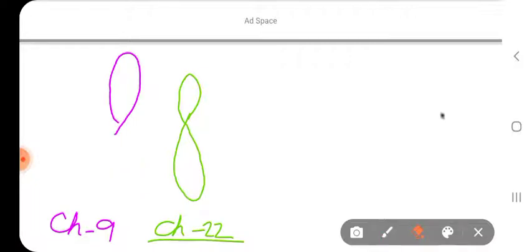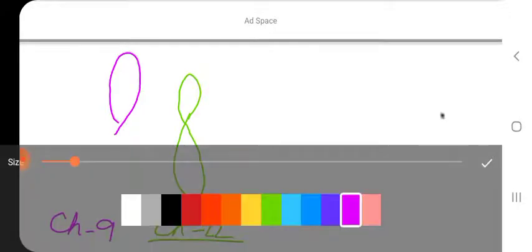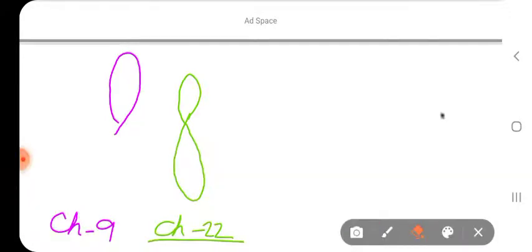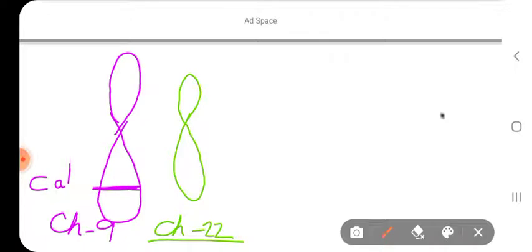Again, I have to erase this, because I have to show you the long arm. So within this chromosome number 9, there is a gene called CABL. Suppose at this region of the long arm of the chromosome, there is the CABL gene.